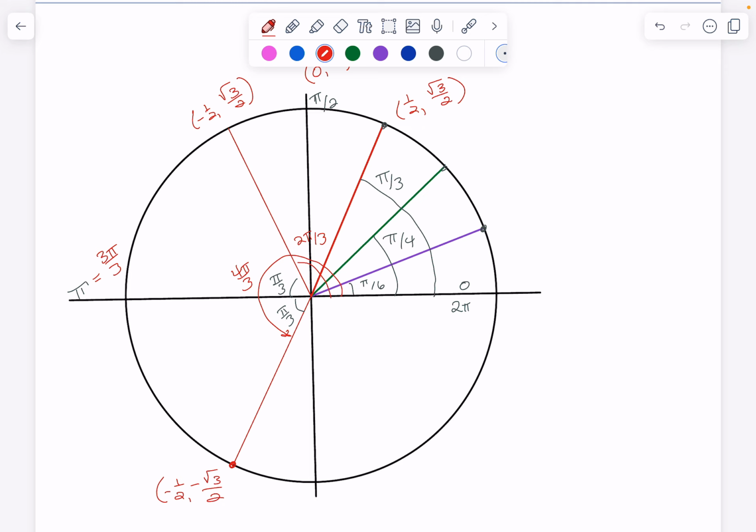All right. Fourth quadrant. Again, I'm adding a pi over 3 to it, all right? So I'm going to have all the way around, I'm running out of room here. All right, this is going to be 5 pi over 3, that whole angle. But again, I have a little reference angle right here, just going to the nearest axis of pi over 3, right?